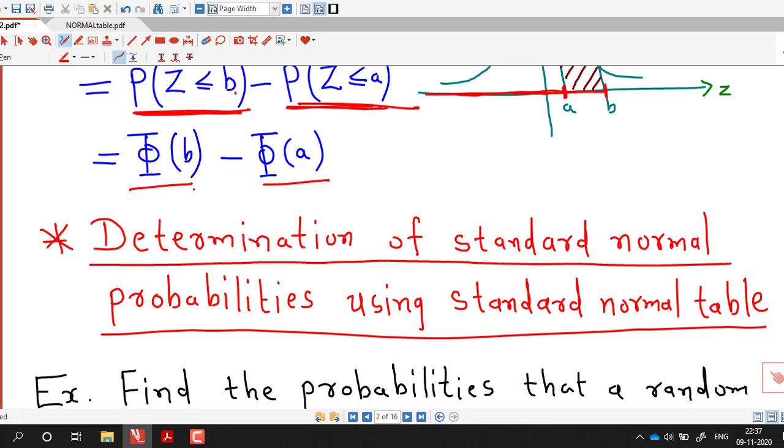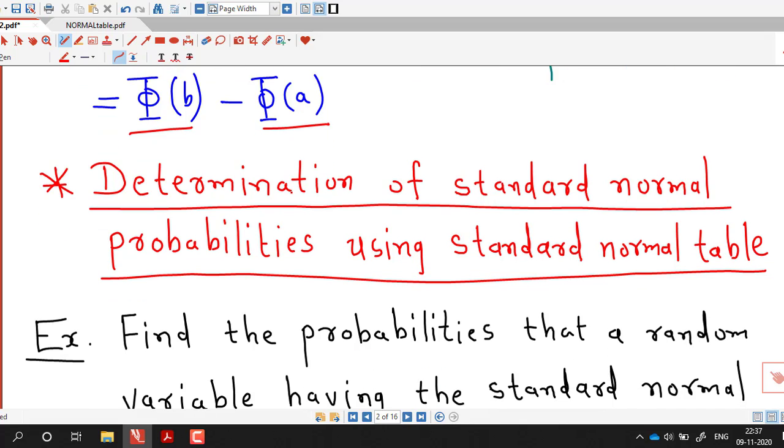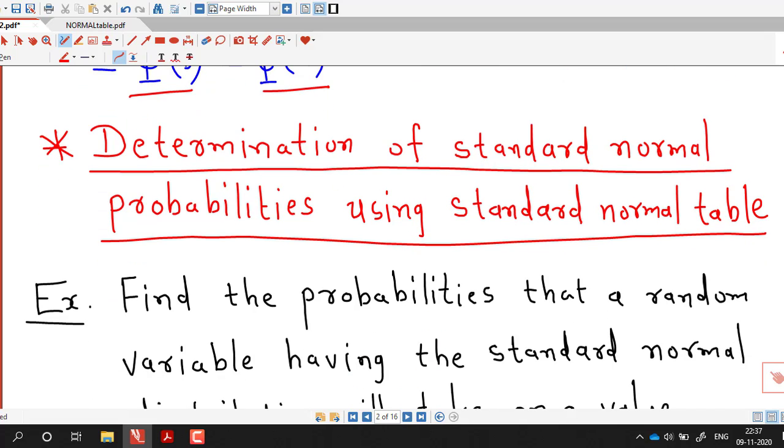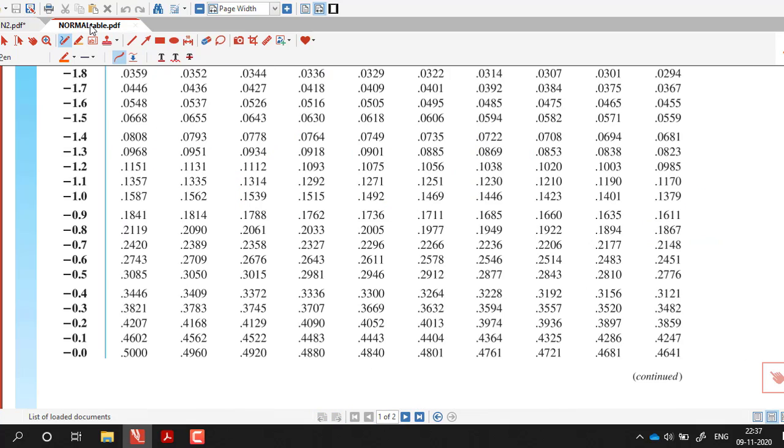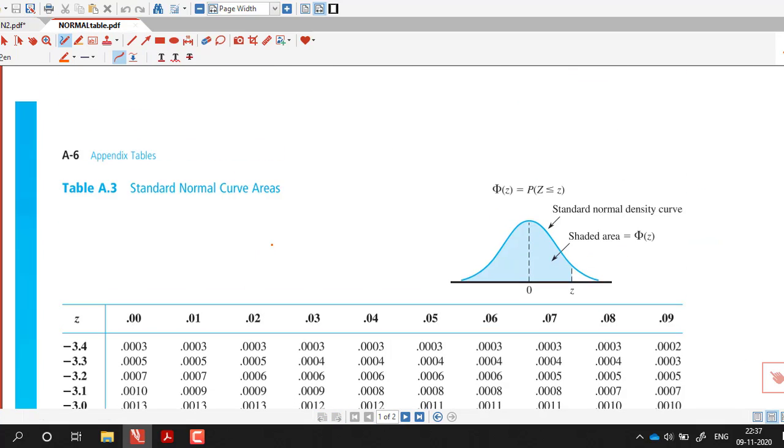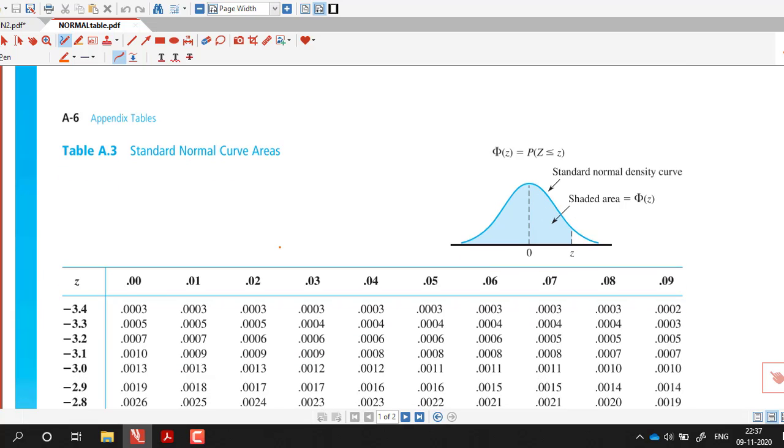Now we consider some examples on how to calculate standard normal probabilities using standard normal table. Before that we try to understand the standard normal table. As you can see, this table gives us the standard normal curve areas. So this is a standard normal density curve.